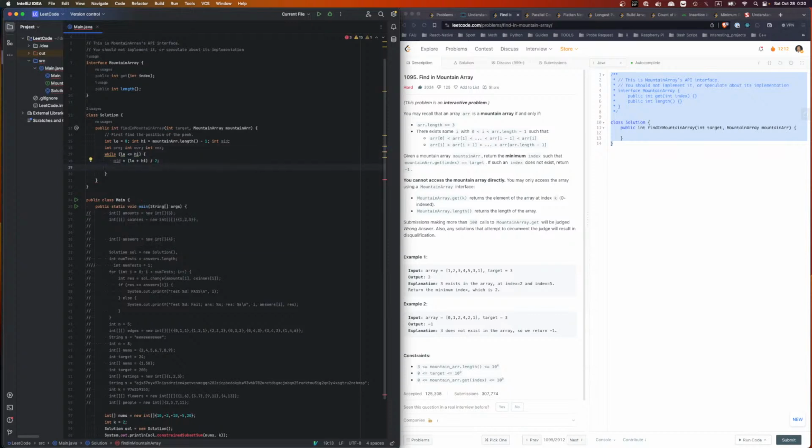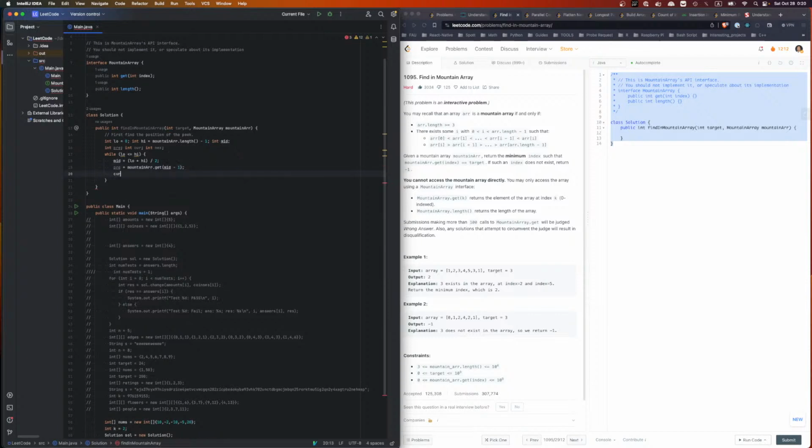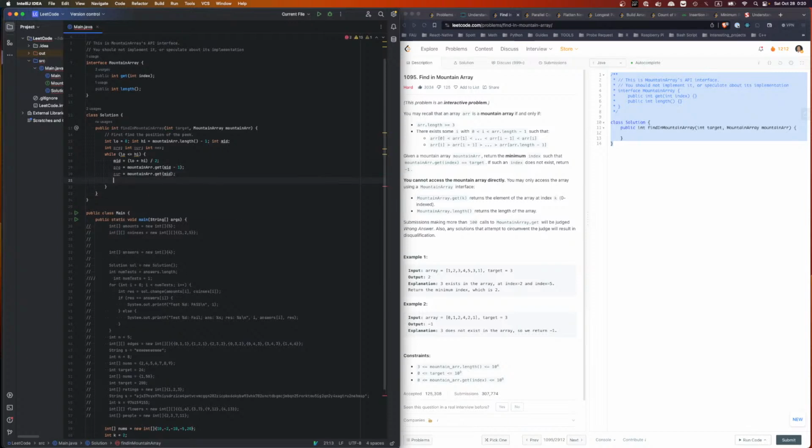So pre will equal mountain.get(mid -1), current will equal mountain.get(mid), and next will equal mountain.get(mid +1).